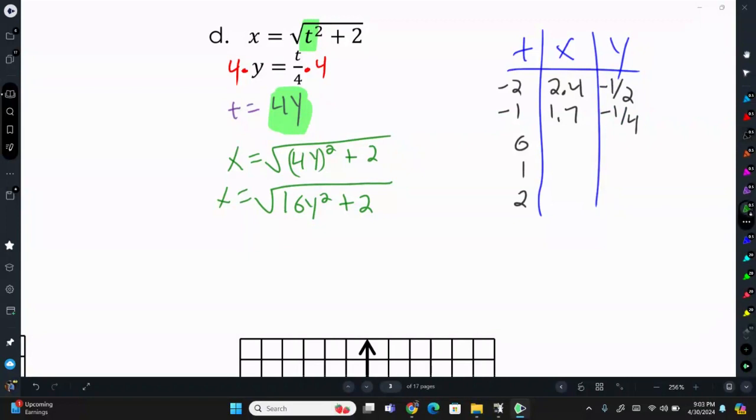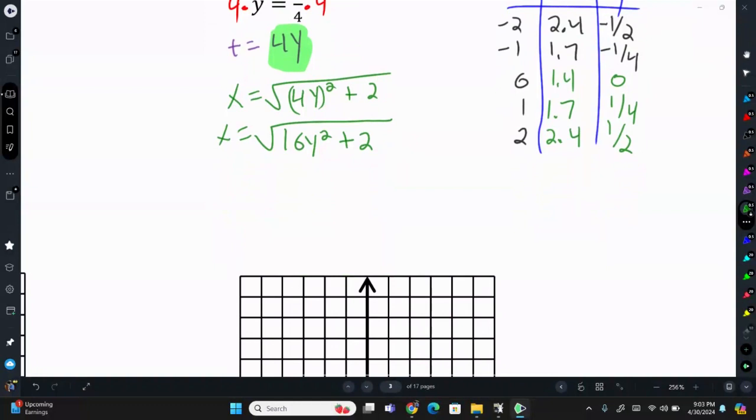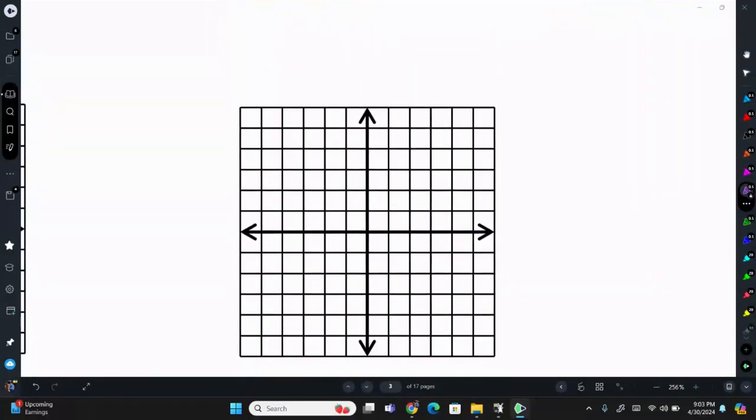When t was 0, x was 1.4 and y was 0. When t is 1, it's 1.7 and positive 1/4. And when t was 2, x was 2.4 and y was 1/2. So now let's plot these points. 2.4 comma negative 1/2 would be right there.